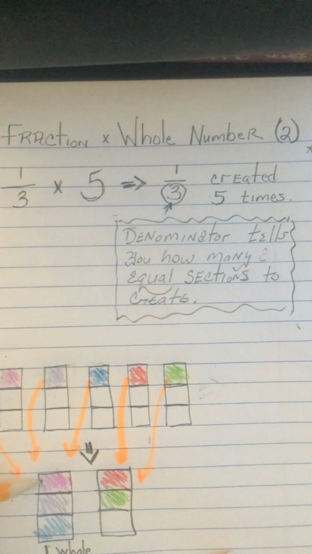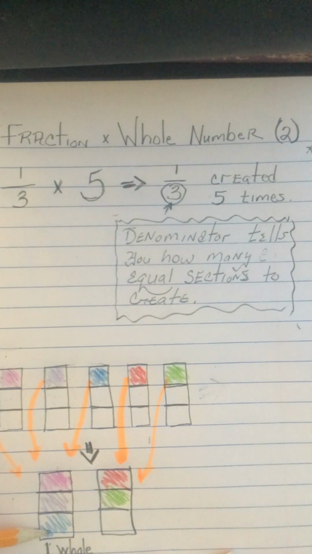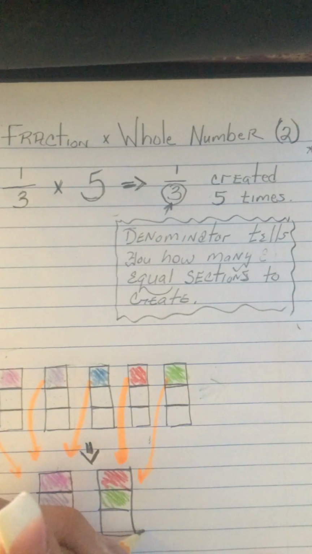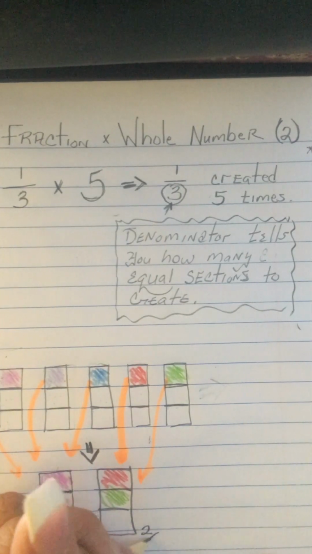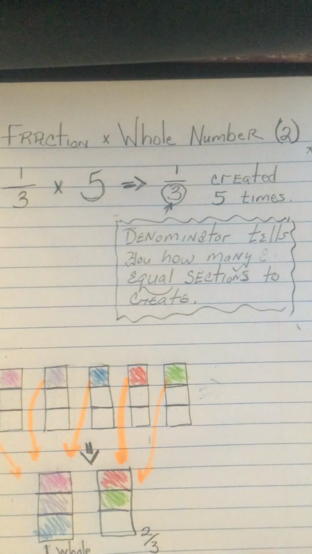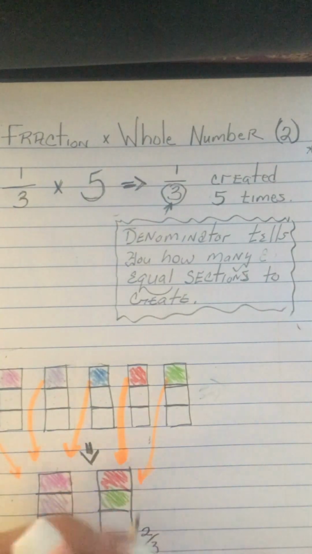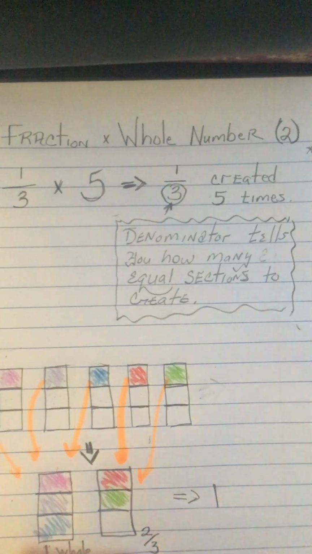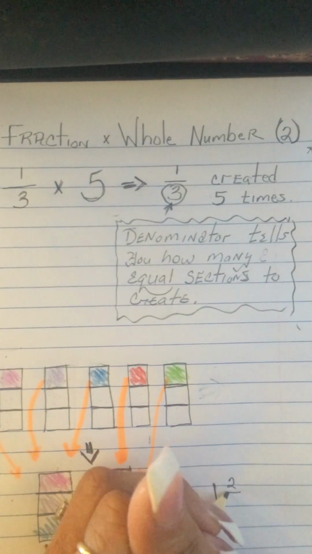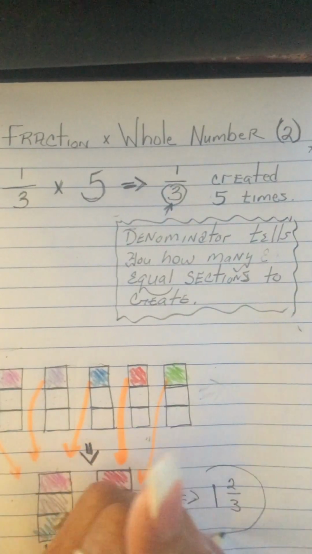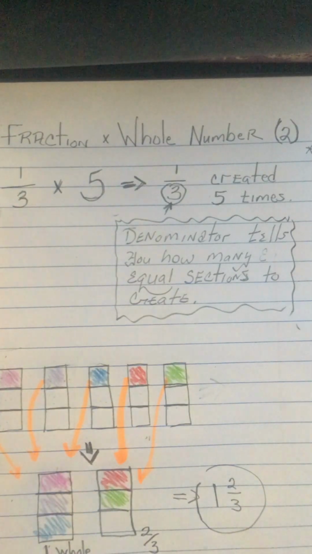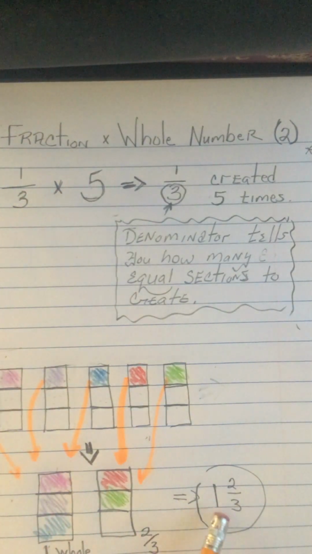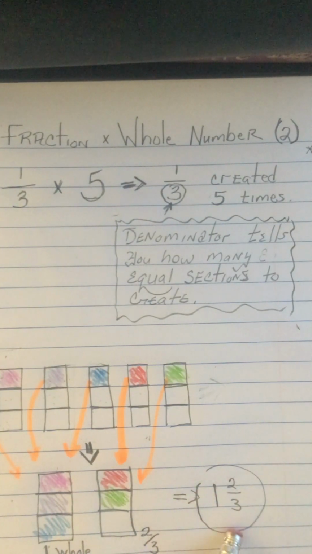This is 1 whole because all 3 are shaded in, but in the second unit, I only have 2 of the 3 shaded in. So my final answer is 1 2/3. 1/3 times 5 is equal to 1 2/3.